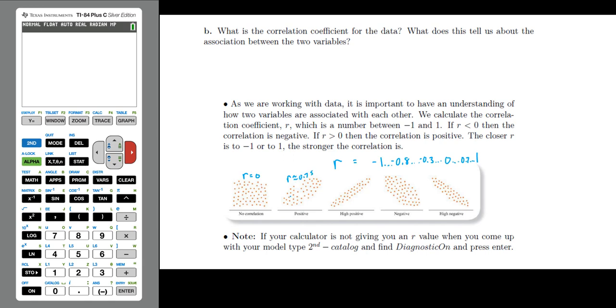It's positive because there's definitely a positive slope, but it's not a super strong correlation. The data isn't too tightly compact together. Whereas this one right here might be closer to R equals 0.9. It's positive because there's a positive slope, but the data is a lot more tight. In other words, I'd feel more comfortable making predictions about my Y based on my X.